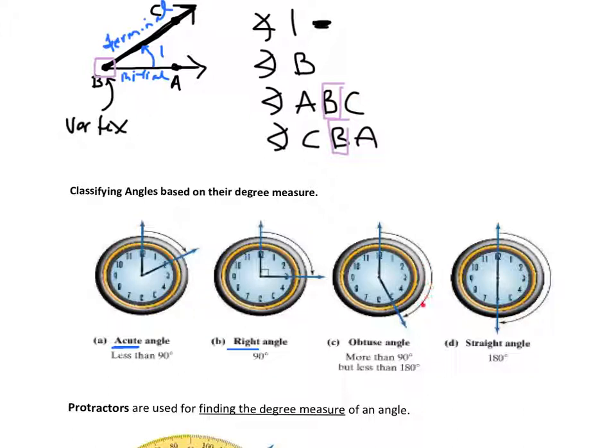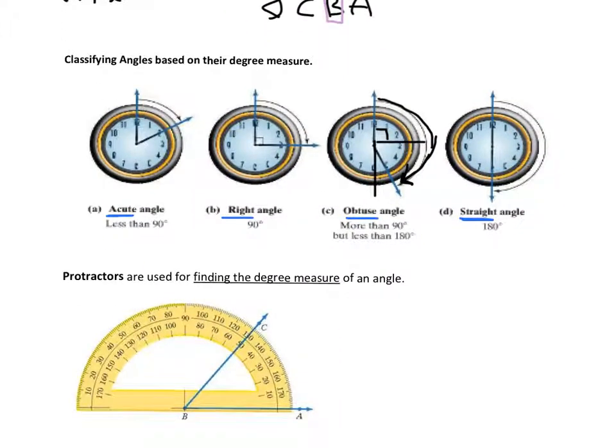It keeps going, but it's definitely less than the straight angle. Because a straight angle would be there, and that would be my 90 degrees, and it definitely passes 90, right? But it's less than 180, that straight line. So acute, right, obtuse, and straight angle. So be familiar with that terminology.